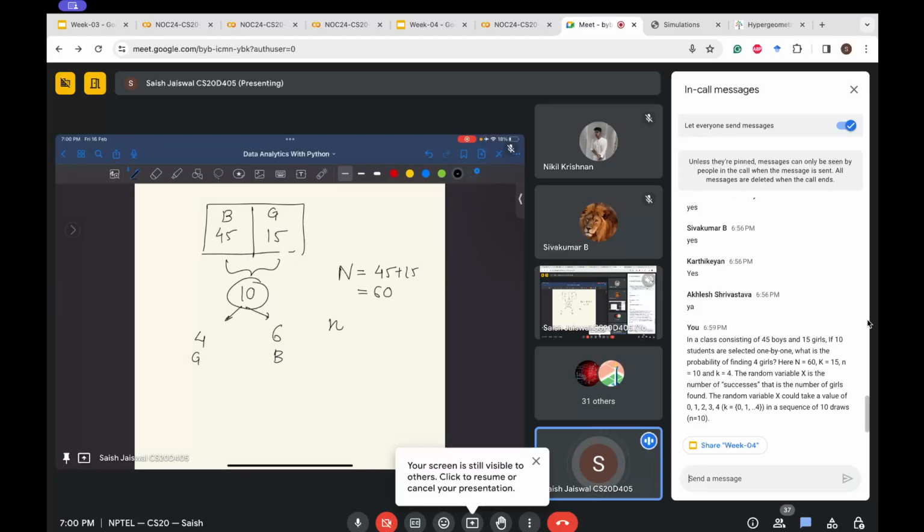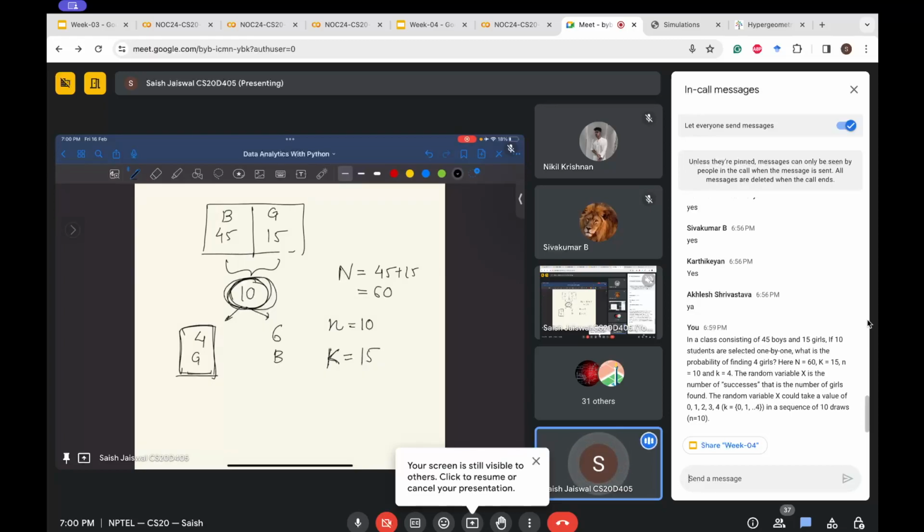Small n is the size of the sample, which is 10. Here capital K, the thing that is asked in this question, is the probability of getting exactly 4 girls, so capital K will be 15.